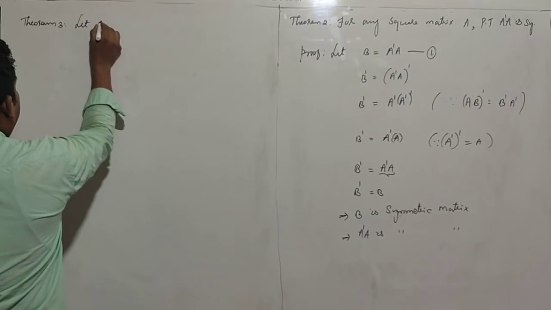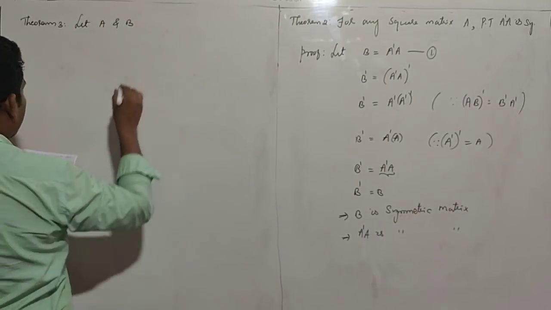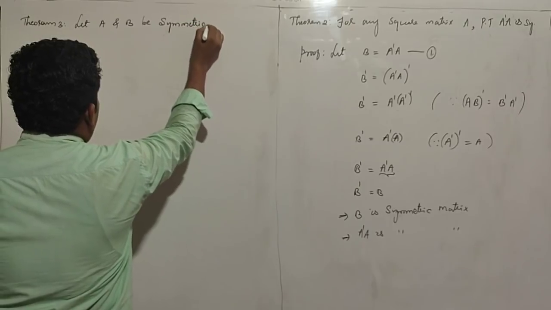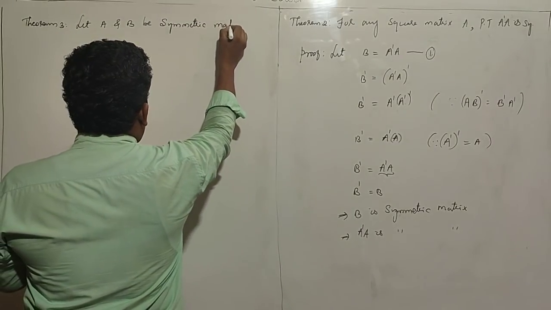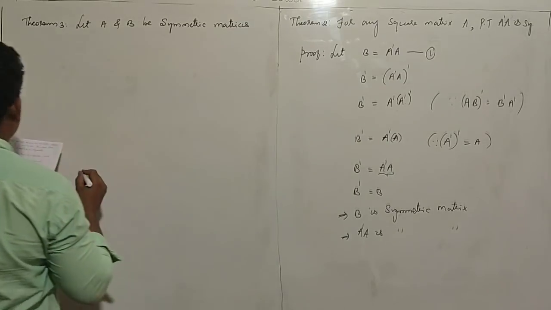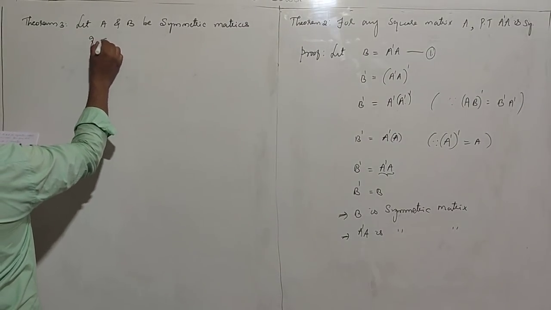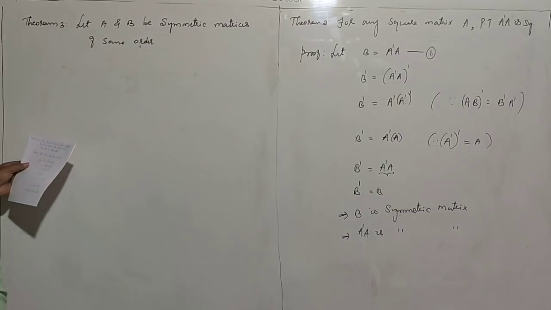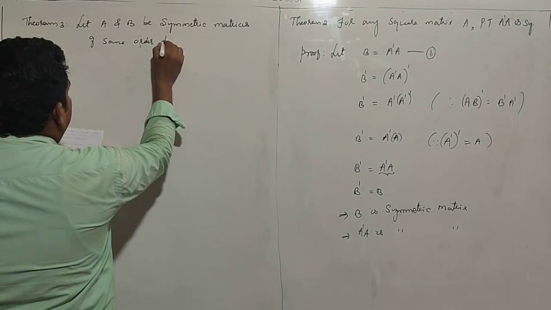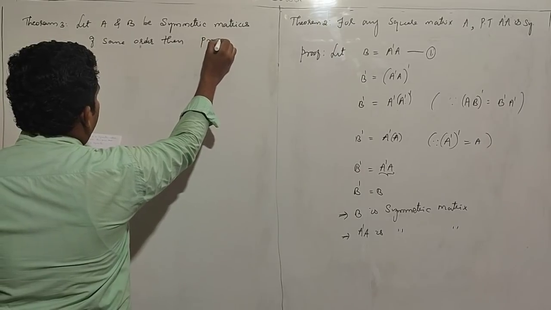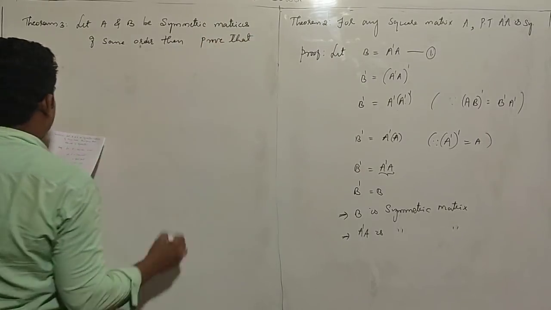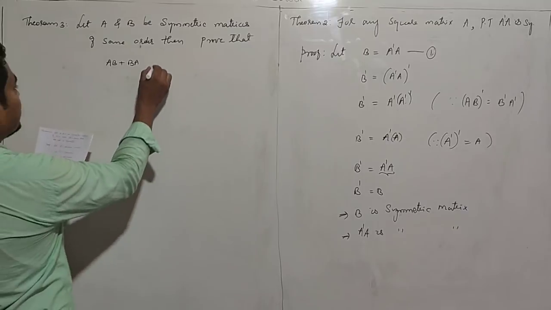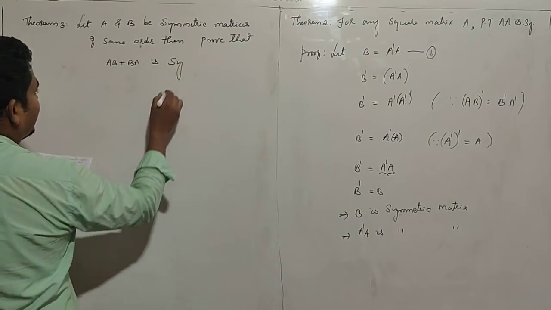Let capital A and capital B be symmetric matrices of same order. Then prove that AB plus BA is symmetric matrix or simply it is symmetric.